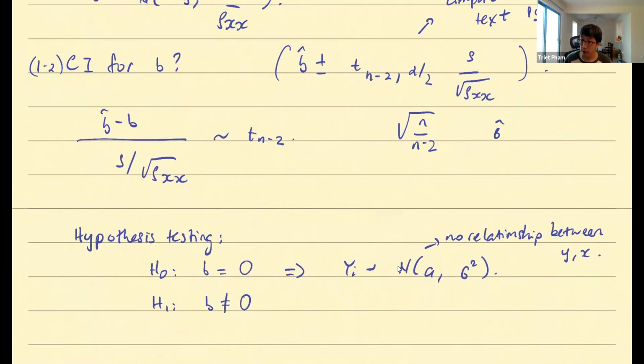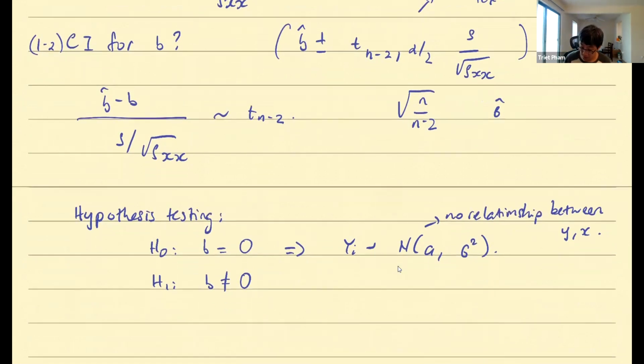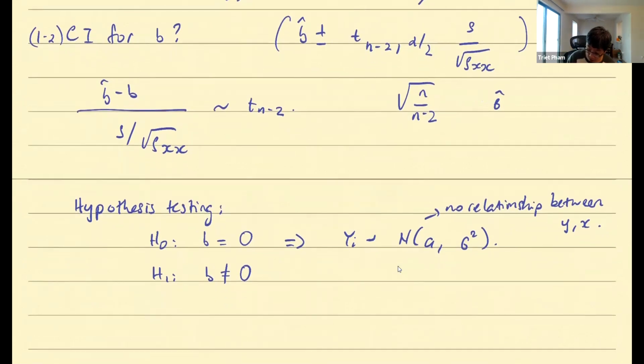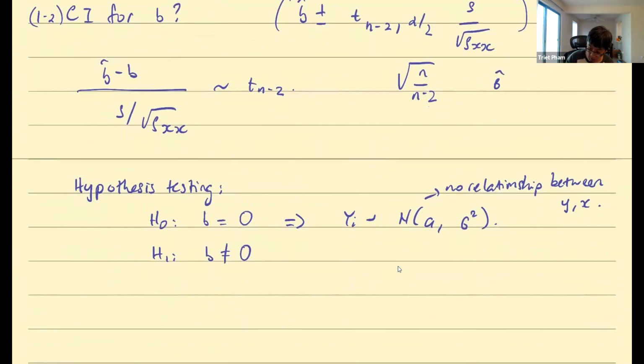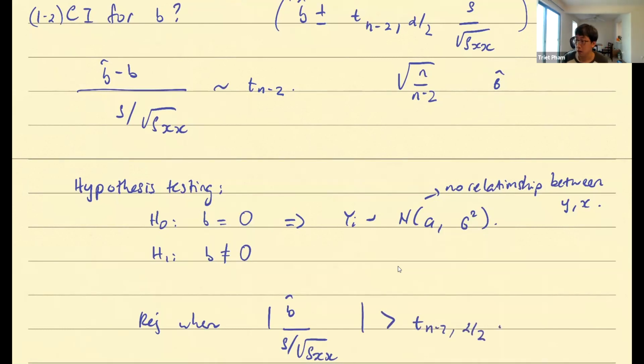Anyway, from our point of view, it's pretty easy because what is our test statistic? Here, with B equal to 0, you would reject when the absolute value of B hat divided by S divided by square root of SXX is bigger than t_{n-2, alpha/2}.